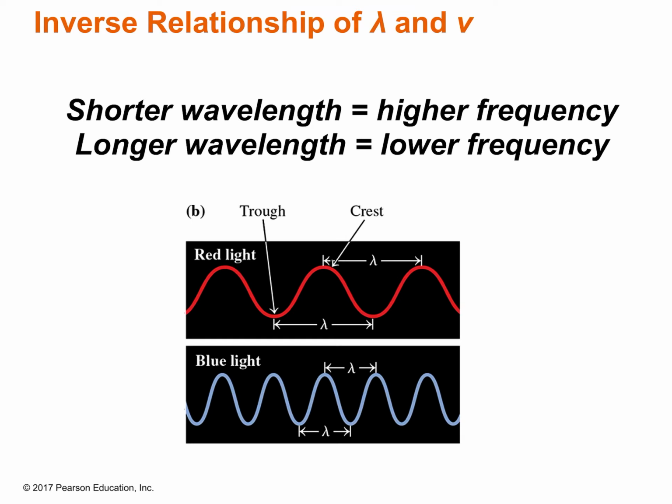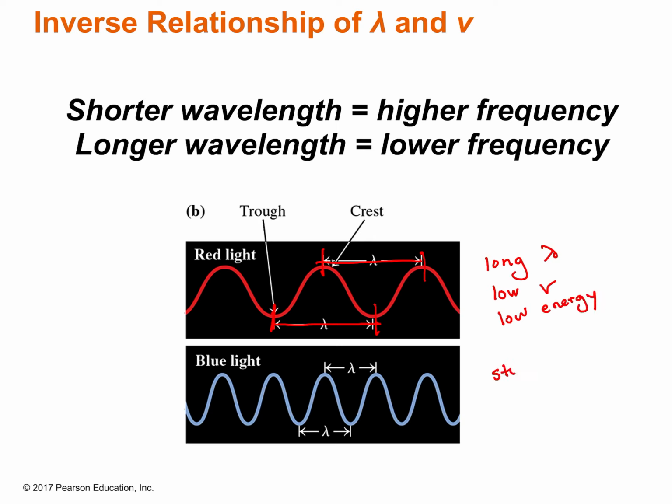So like if we have this red light, it has a really long wavelength, right? So we can measure it from either trough to trough, or we can measure it crest to crest. That's going to be the same. But this is going to have a long wavelength, which means it is going to have a low frequency, which means it is going to have a low energy.